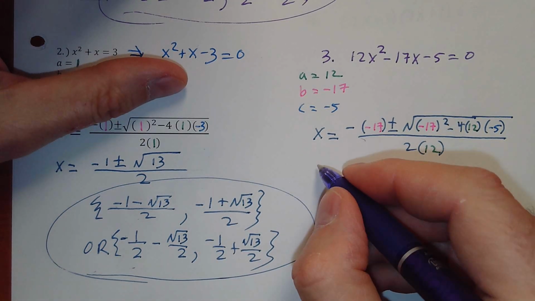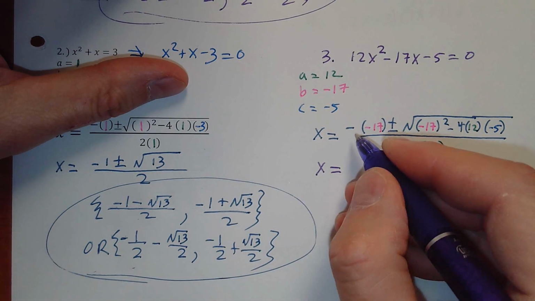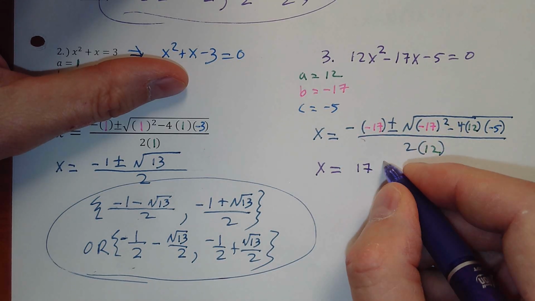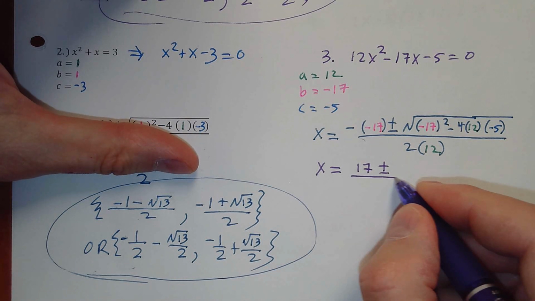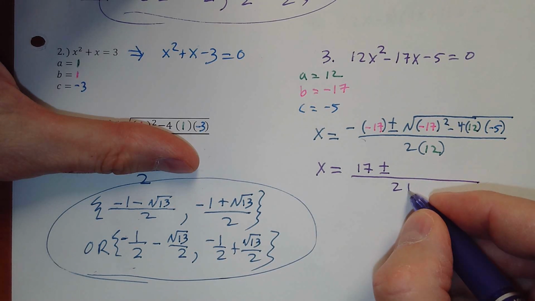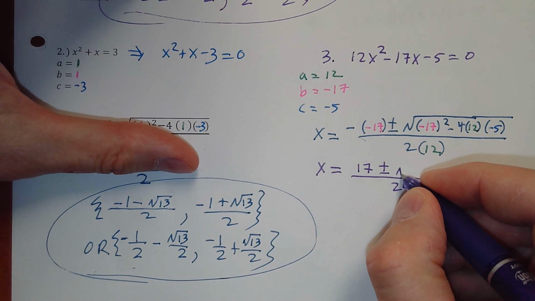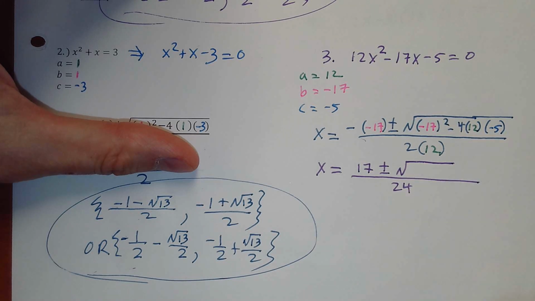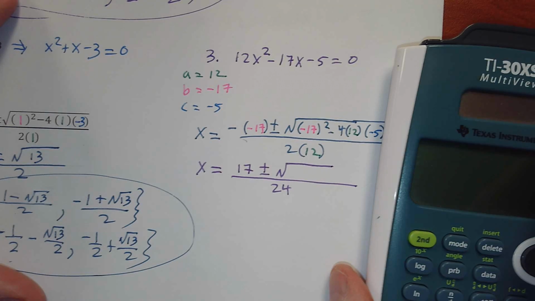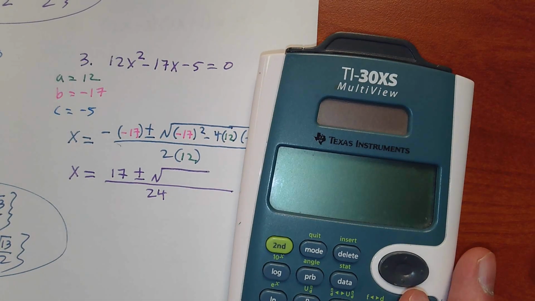And now we're going to simplify like we did before. The opposite of negative 17 is a positive, so that's a 17 plus or minus. To the bottom, 2 times 12 is 24. And then again, I'm going to make the calculator do the work on the inside here. So let me grab my calculator.